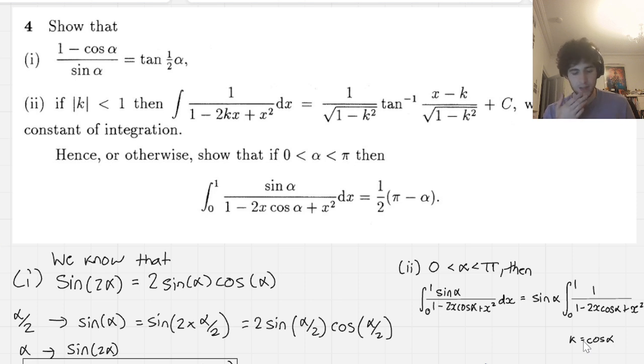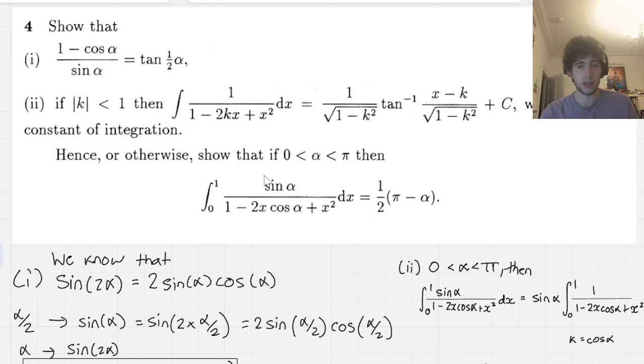Also notice that it says if the mod of k is less than 1. Well, the mod of cosine alpha will most of the time be less than 1, except on the points where it is 1.